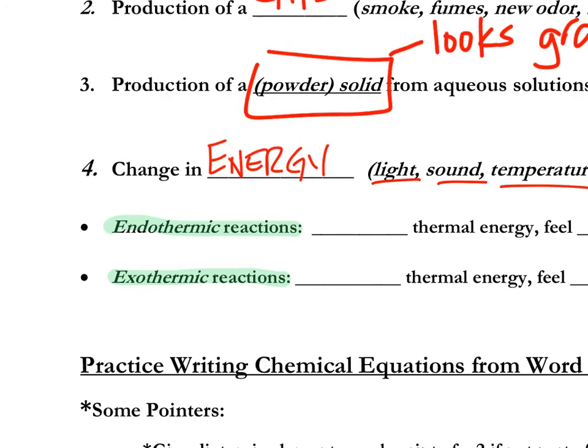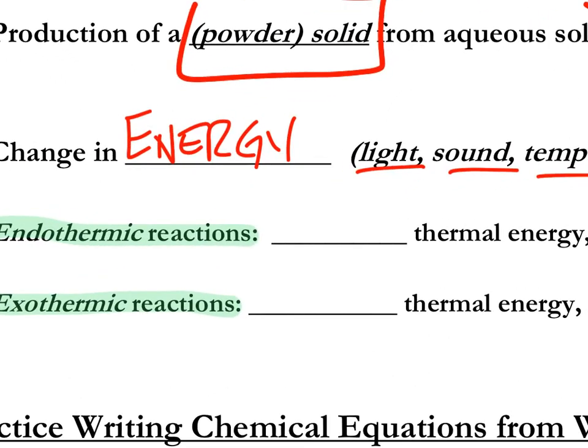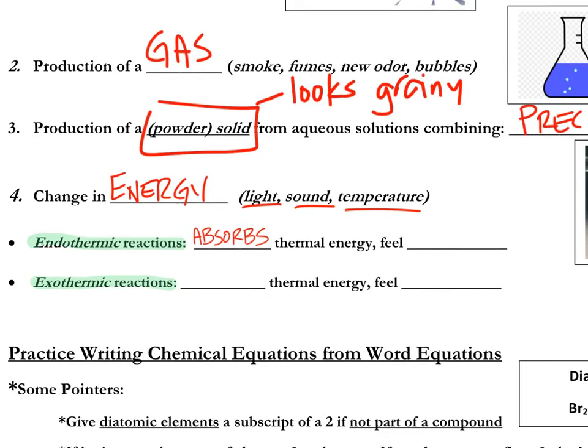An endothermic reaction absorbs thermal energy, and if it's absorbing energy, then it's going to feel cool to the touch. An exothermic reaction means that heat is exiting the substance. In other words, it's releasing thermal energy, and that substance is going to feel warm or warmer to the touch.